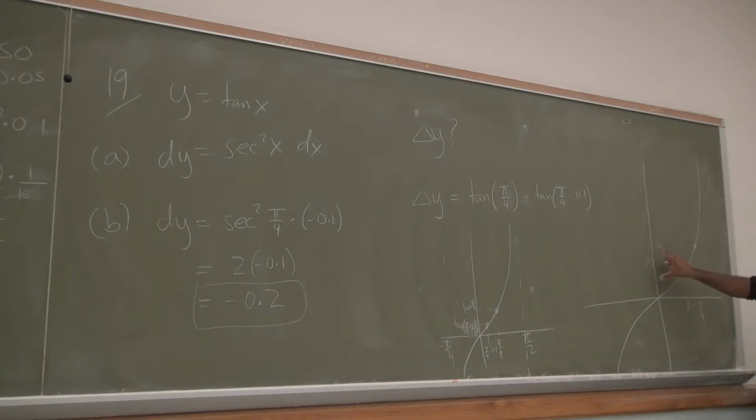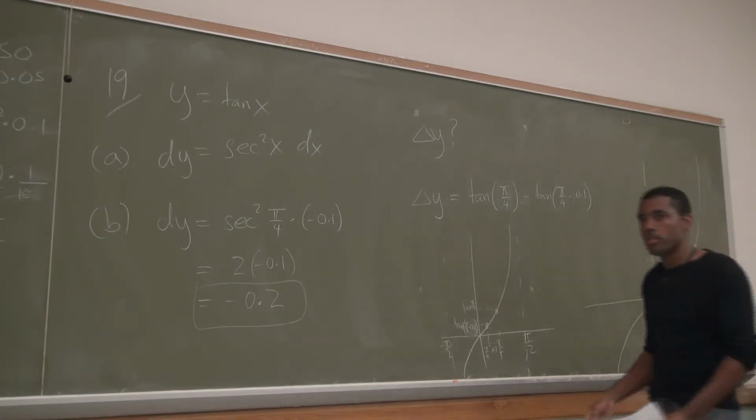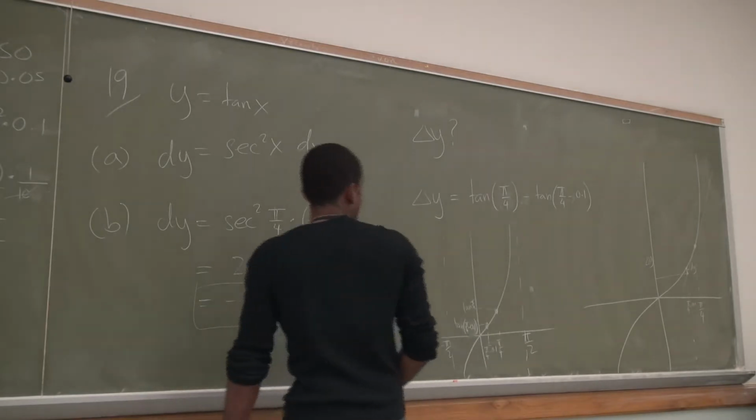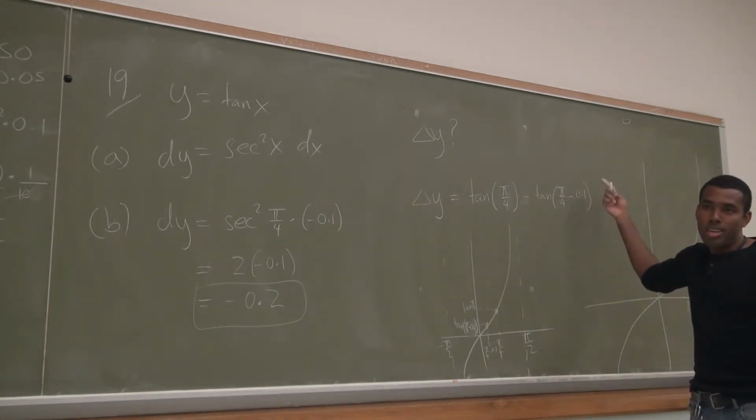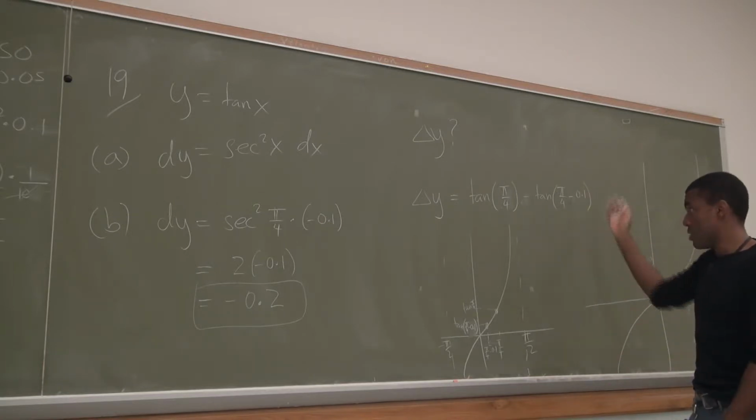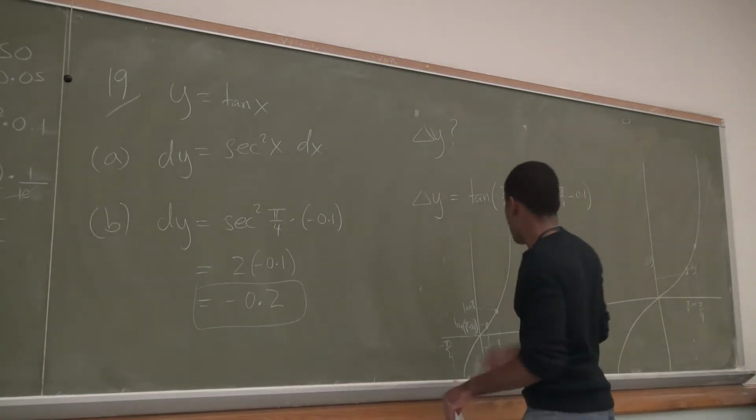So delta y uses the actual formula for the function. dy is using the tangent line as an approximation. So we're measuring the distance between the function and the tangent line, as opposed to the function and another point of the function. That's the difference. You would put this in a calculator, but on a test you wouldn't have a calculator, so you can leave it like that.